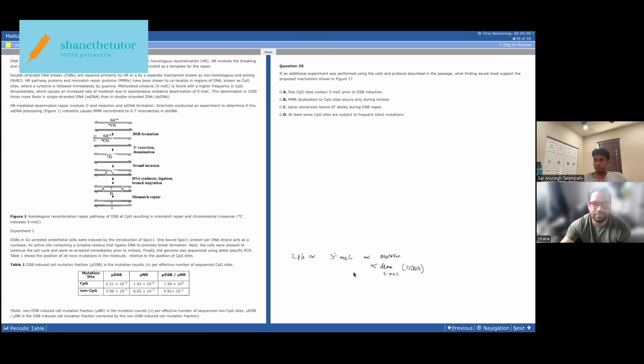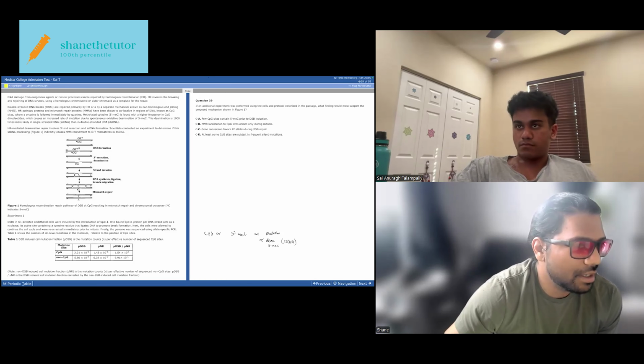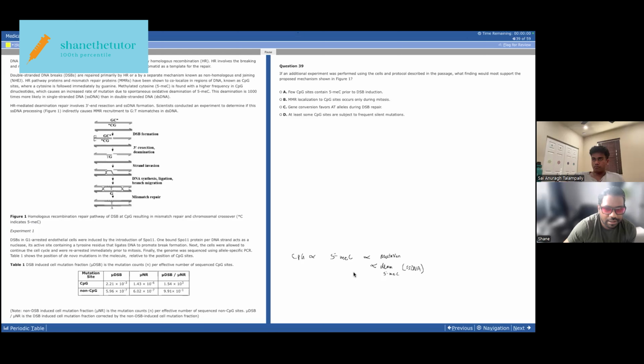So it seems like a 3' resection happens, followed by a strand invasion from that darker colored strand into the breakage of the lighter colored strand. And then you can have DNA synthesis, ligation, and mismatch repair.